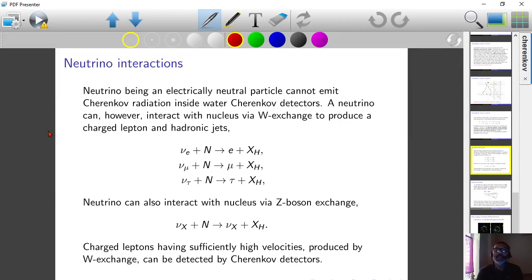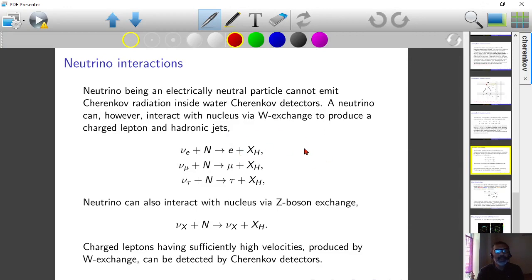So how to detect the number of muon neutrinos and number of electron neutrinos? Here we can use Cherenkov radiation. Now neutrinos, being electrically neutral particles, cannot emit Cherenkov radiation inside water Cherenkov detectors. A neutrino can, however, interact with a nucleus inside the detector via W exchange to produce a charged lepton and hadronic jets.